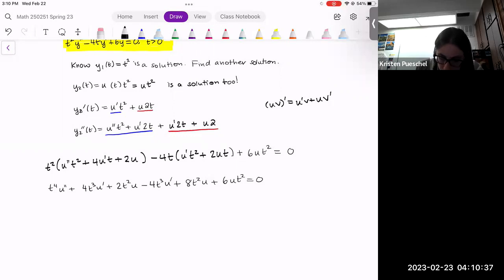We see there's a little cancellation going on here. We have 4t cubed u prime and minus 4t cubed u prime, so those cancel out. And we see 2t squared u plus 6t squared u. Oh, I lost a negative sign here. This should have been a minus 8t squared u.